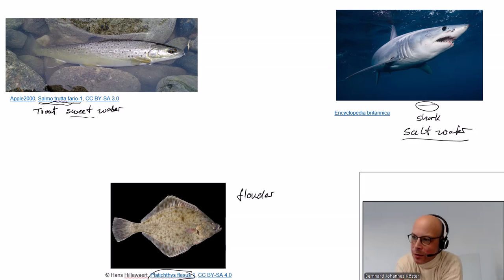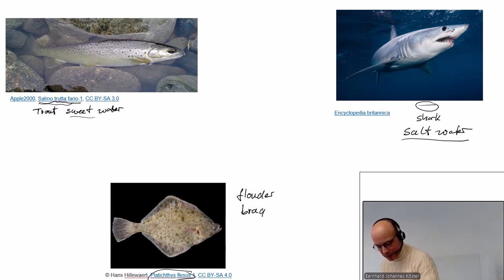It is also salty, but it is somehow a mixture. Or this is just the mud here, where the rivers come into the sea, and there we have this mixture. And this is called, I think, brackish water.